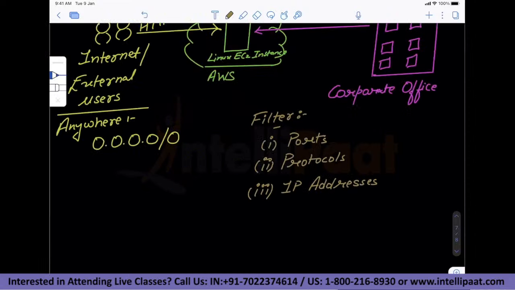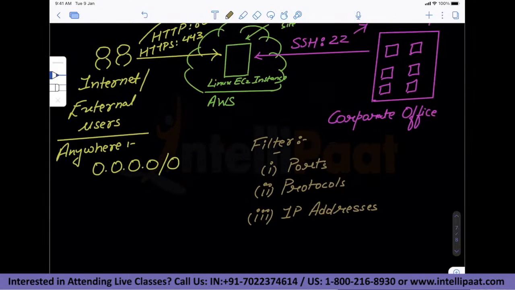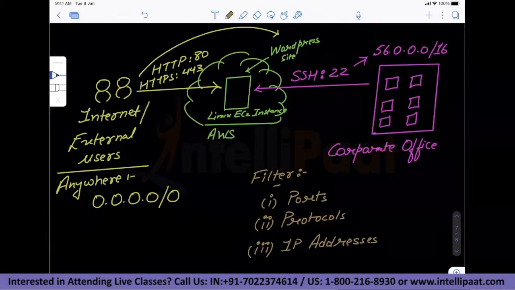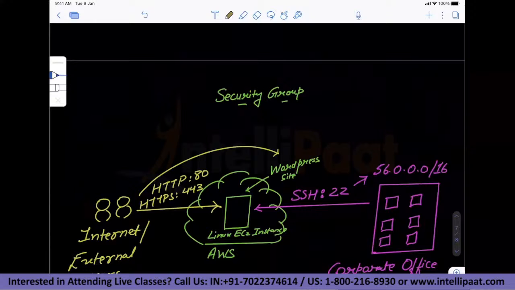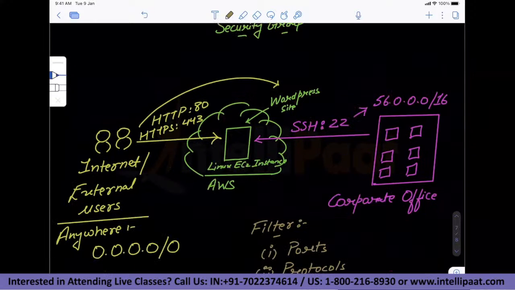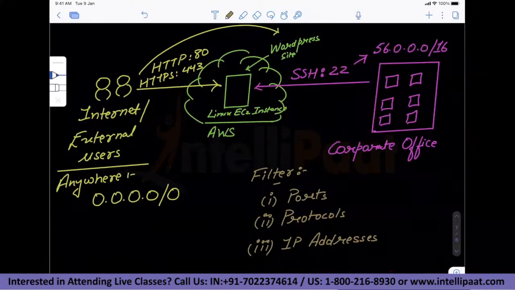These are three filters that you use: ports, protocols, and IP addresses, based upon which you can restrict the incoming and even the outgoing traffic. But generally, you mainly focus on the incoming traffic. So a security group is nothing but a firewall. Now you use that firewall to restrict the incoming traffic. See, mainly the incoming, but you can also do the outgoing.